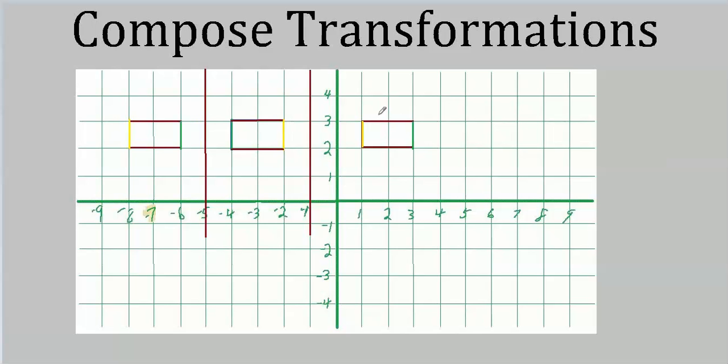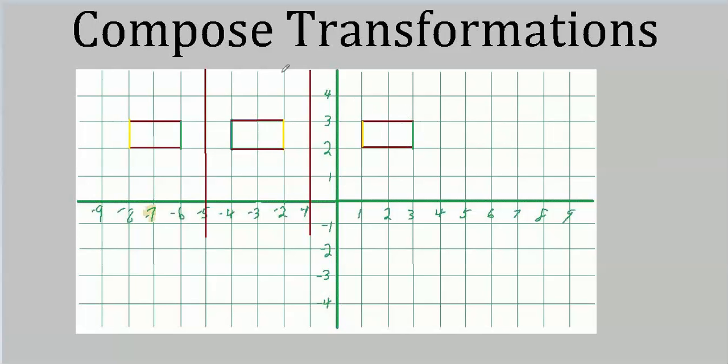And in fact, two reflections about parallel lines will always result in a translation. In other words, we get the original object back in its original orientation, which makes sense. We've got the original object right here, but different orientation. Here, it's back oriented the way it started, but it's shifted over quite a bit, which is just a translation.